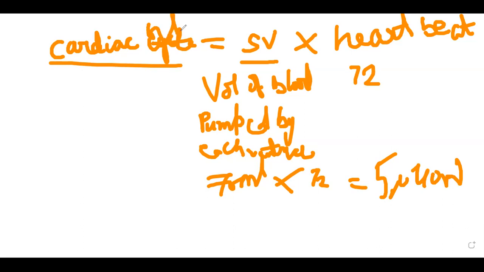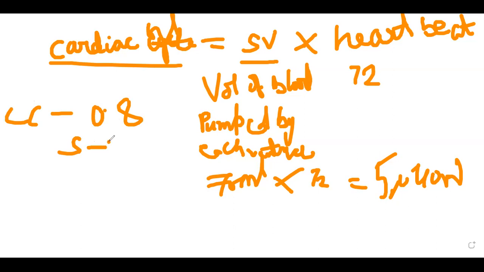So the cardiac cycle, as I said to you, is the systole and diastole, then the joint diastole, referred to as the cardiac cycle. The cardiac cycle usually operates at 0.8 second.